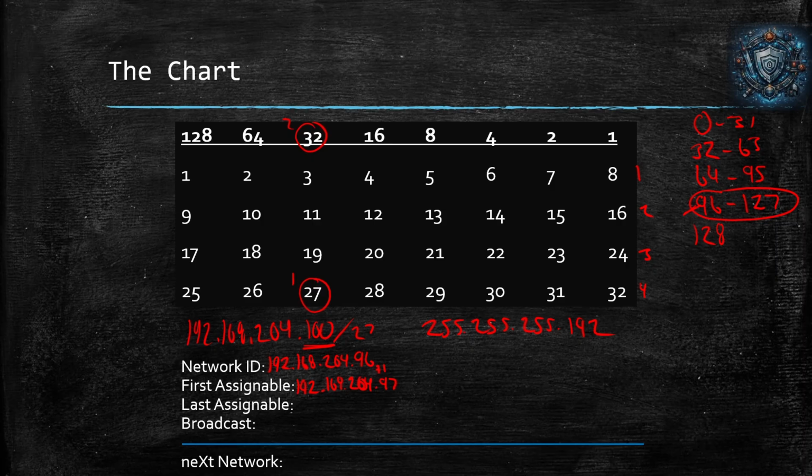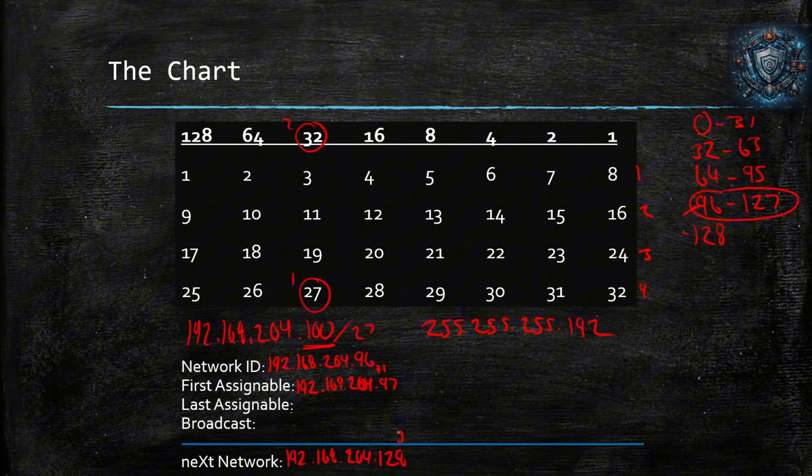All right. Now we're going to take a jump down to the next network. To get that, we look at the next network over here. The next /27 after the current /27 is 192.168.204.128. And now we're going to work backwards.